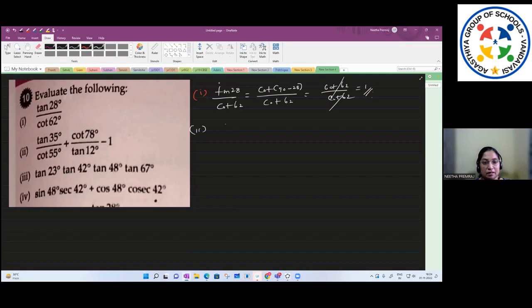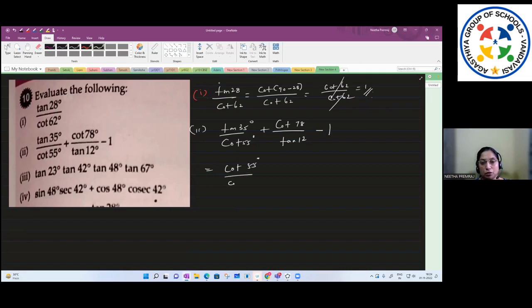Similarly, the second sum. What is given? Tan 35 plus cot 55 plus cot 78 divided by tan 12 minus 1. You just apply the concept of complementary angles. So tan 35 can be written as cot of 90 minus 35, which is 55.